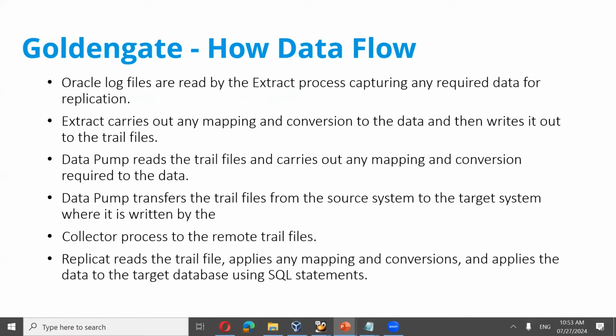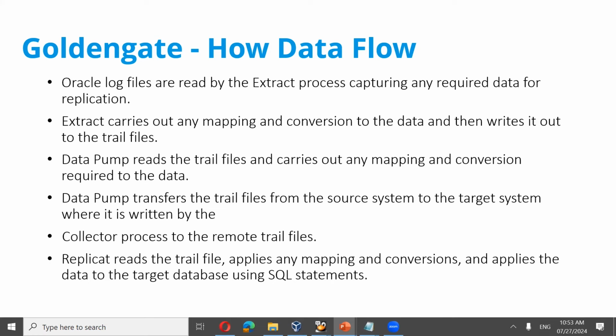You can do that. So how data flow happens in Oracle GoldenGate is, Oracle log files are read by the extract process, capturing any required data for replication. Extract carries out mapping and conversion of the data and then writes it out to the trail file. So the extract process captures the committed transaction and writes it to the local trail.